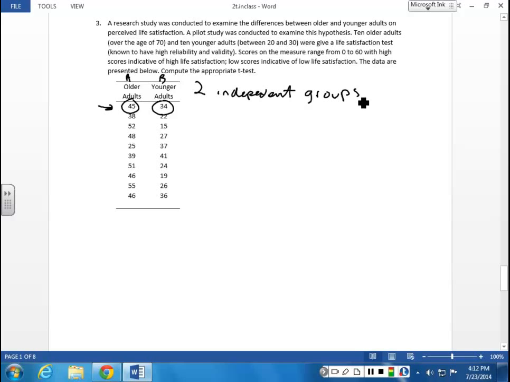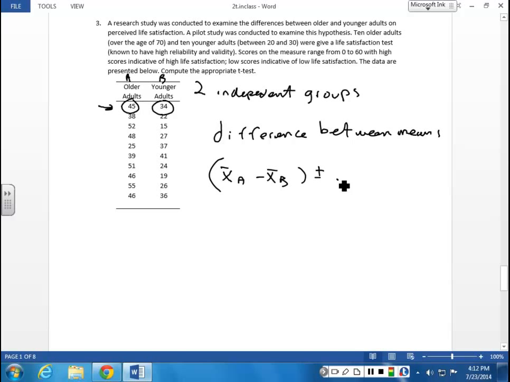Therefore, we're talking about the difference between means, and we're going to get x bar A minus x bar B plus or minus. Just want to get us into the start of that.